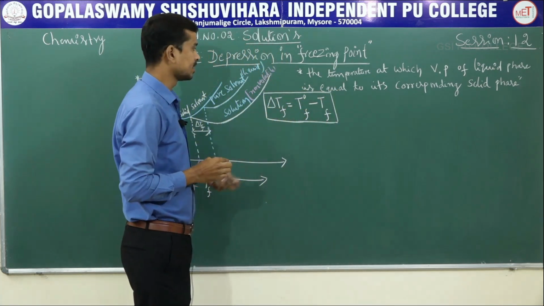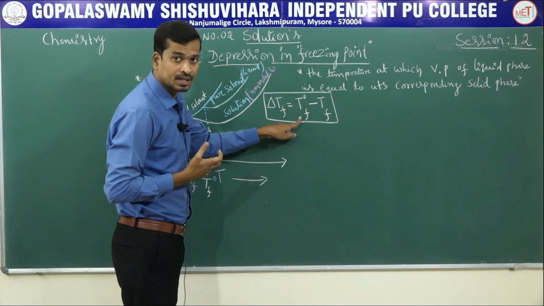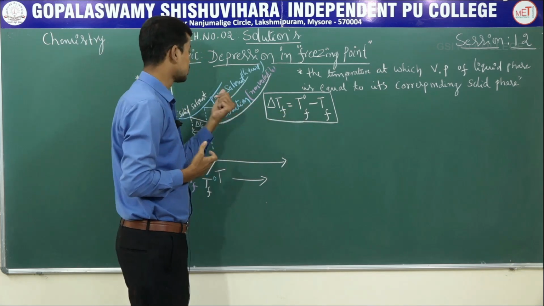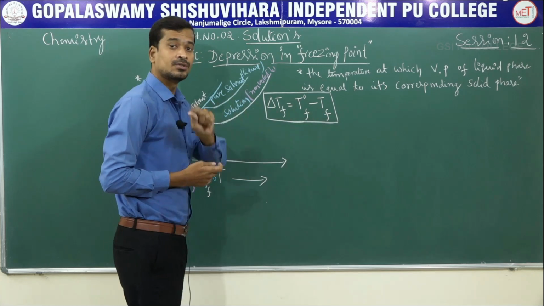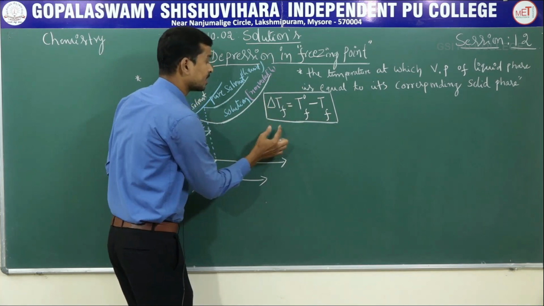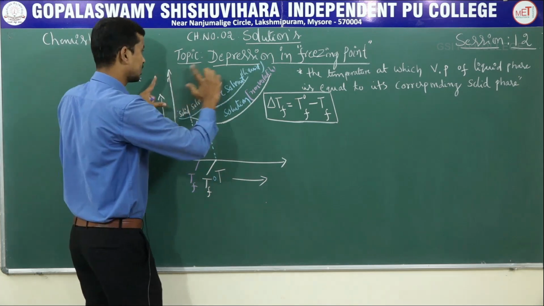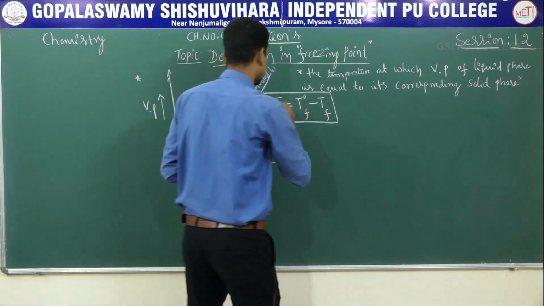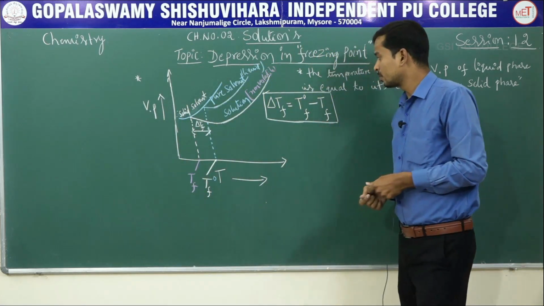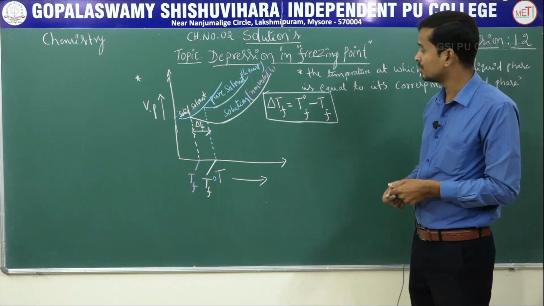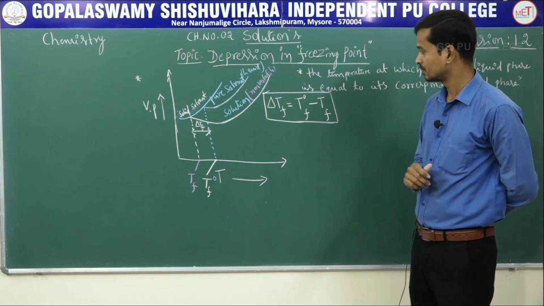That is the very important relationship. T0F indicates the freezing point of the pure solvent. TF indicates the freezing point of the solution. Delta TF is the depression in freezing point. That is the graphical representation, the relationship between the freezing point of the pure solvent and the freezing point of the solution containing a non-volatile solute.